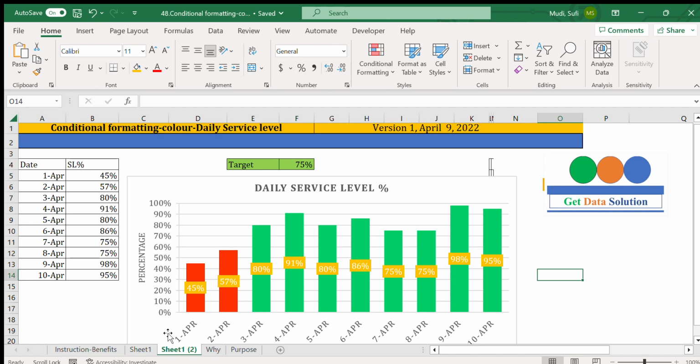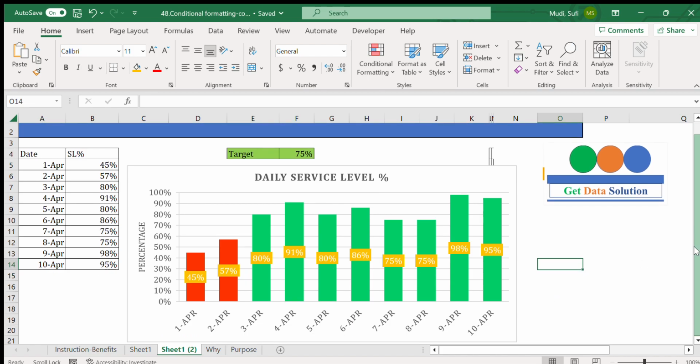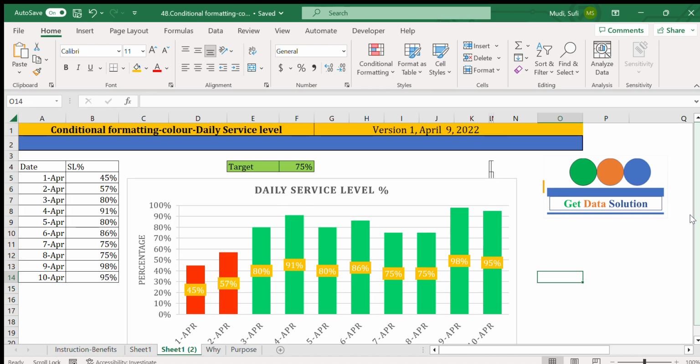Only on April 1 and April 2, the service level is below the target. Otherwise, in other cases, it's above the target line. So we can actually judge our service level based on this chart. We have to set the target first in the first place and then judge our performance against the target.